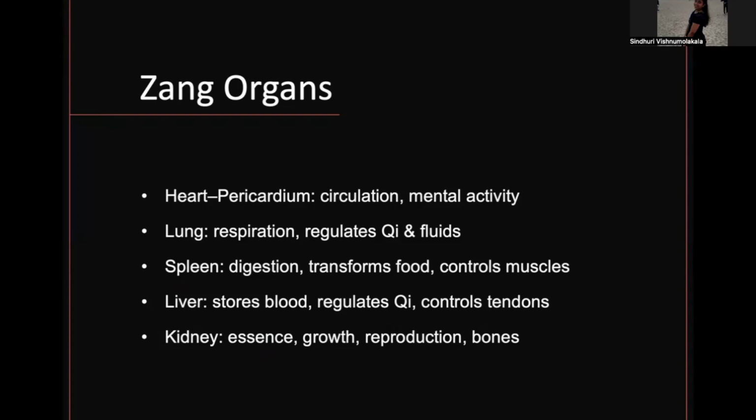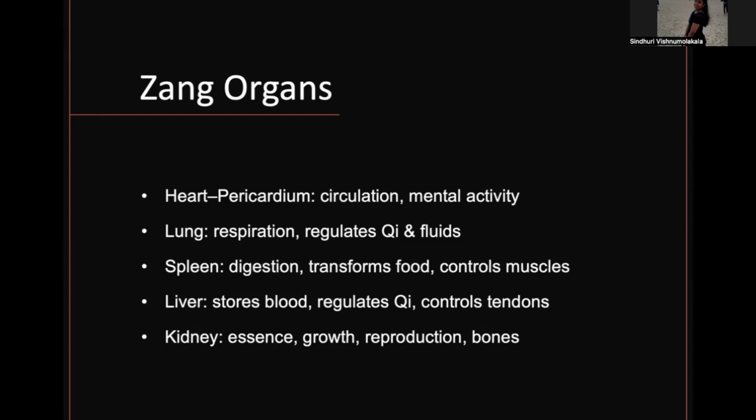The Zang organs. As I said, the heart and pericardium mainly associate with the circulation of the blood, and are also very crucial for mental activities. Then comes lung. It is important for respiration and it regulates qi and fluids. It also plays a crucial role in the amount of blood that is circulated because it regulates the flow of oxygenated and deoxygenated blood in the body.